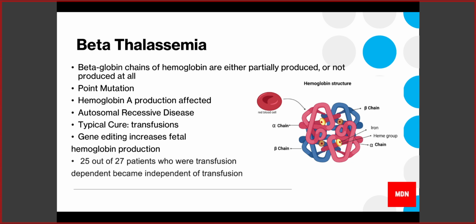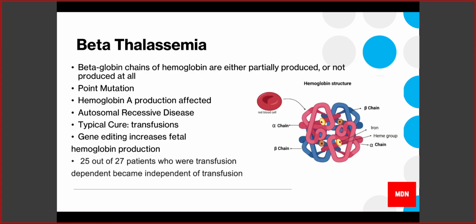And this is an autosomal recessive disease, which basically means that if you have one mutated gene from each parent, you would get beta thalassemia. If you only have one copy, then that's beta thalassemia minor, which is usually asymptomatic. But if you have 2 mutated genes, then this could lead to either beta thalassemia intermedia or major.